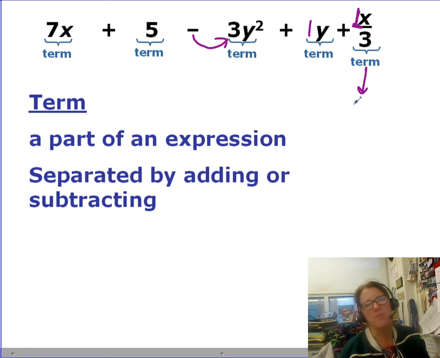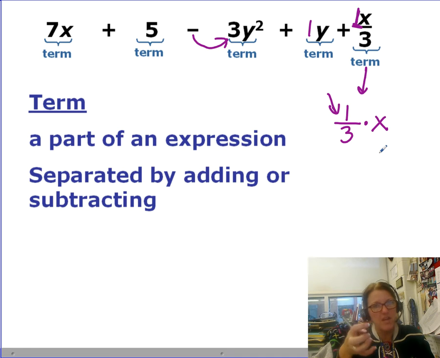Whenever you see this happening where it looks like a fraction, I want you to think of putting the fraction out in front of the variable, okay? X over 3 is the same as 1/3 times x, and now I would call this the coefficient. See how I've kind of pulled that fraction to have all of the number pieces together? There you go.